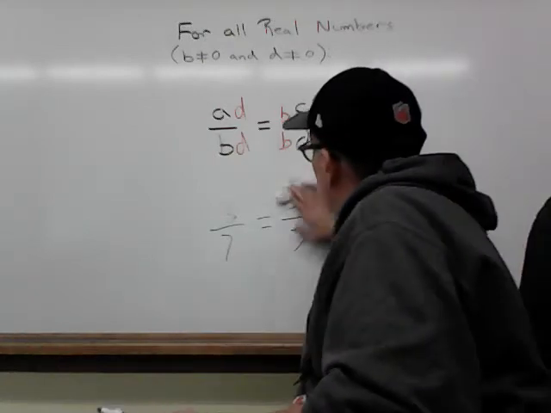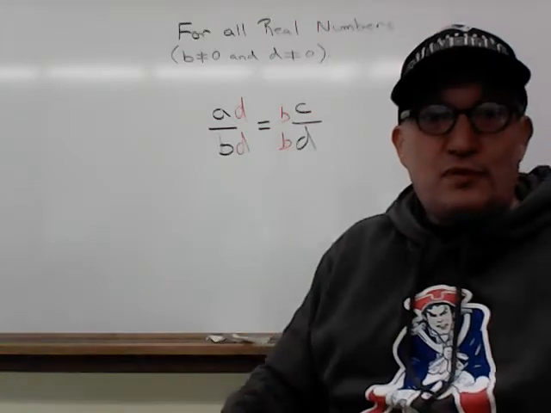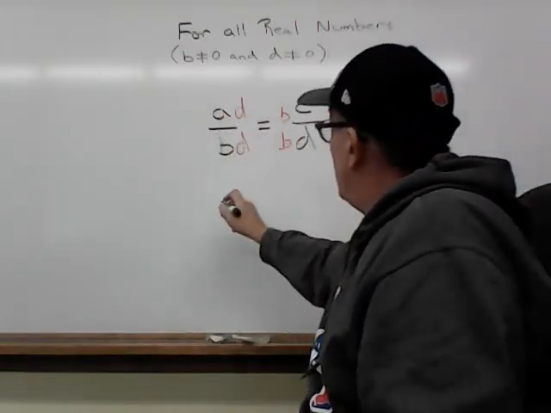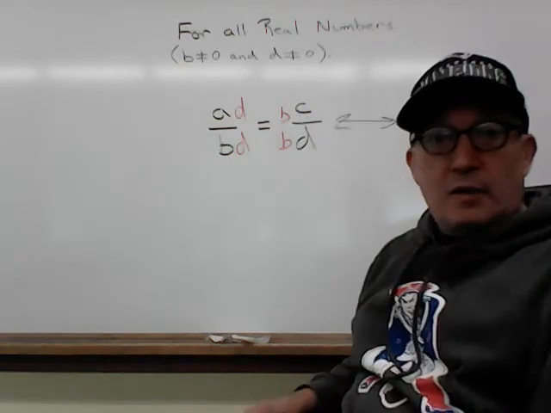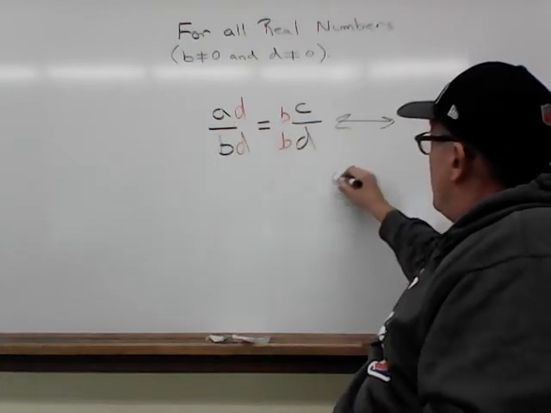So that's it. That's the proof. Because look at what we have here. We have AD and BC. So there's the double arrow. This numerator and that numerator have to be the same.